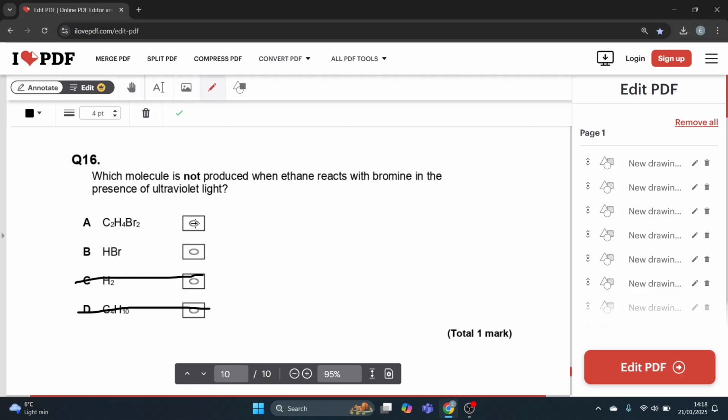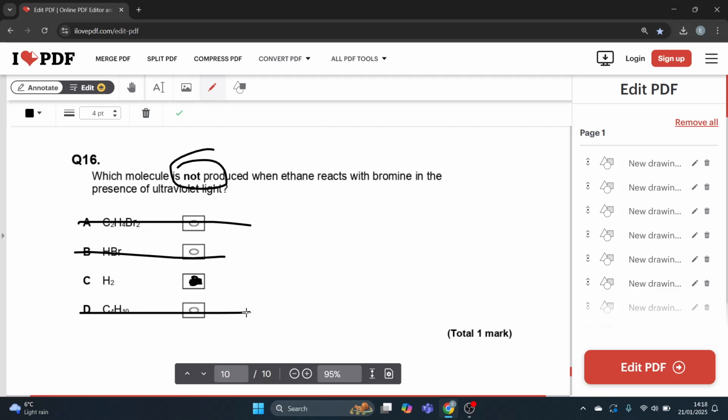Actually, oh my days, which molecule is not produced? I thought it said which molecule is produced. Which molecule is not produced? Okay, so A, that will be produced. B, HBr, that will be produced. It's going to be C, obviously, because you would never form hydrogen. And D, yeah, that will be produced.